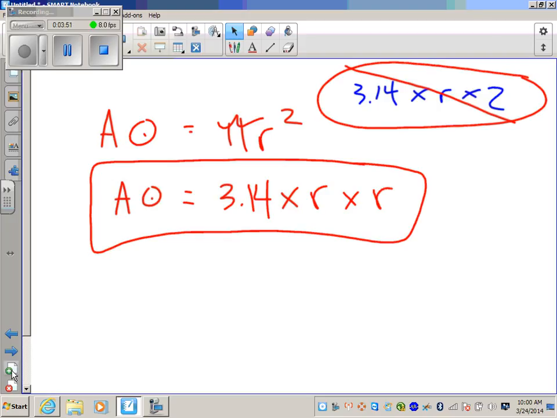It's the diameter. So if I multiply 3.14 times d, I'm not finding the area. I'm finding the circumference. Unless your radius is 2, that's the only time you'll multiply it by 2. Other than that, r times r. You can't pound that fact home hard enough.